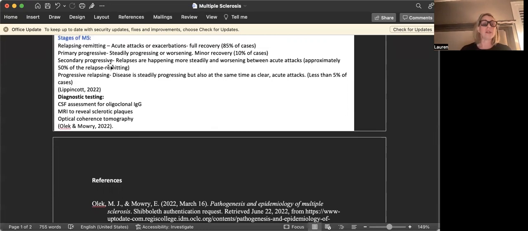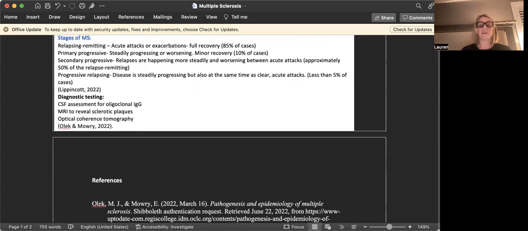Then you have your secondary progressive, which is kind of the beginning of a pattern of clear-cut relapses and recovery, but becoming more steadily progressive and worsening between acute attacks. And this is approximately 50% of cases. This is the relapsing remitting type changing to secondary progressive within 10 years of onset.